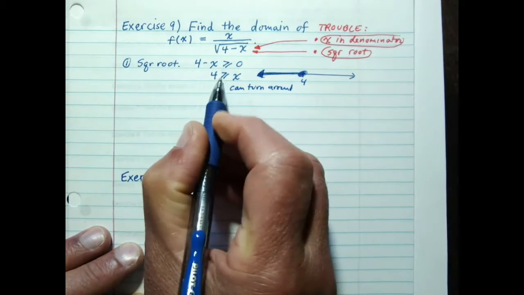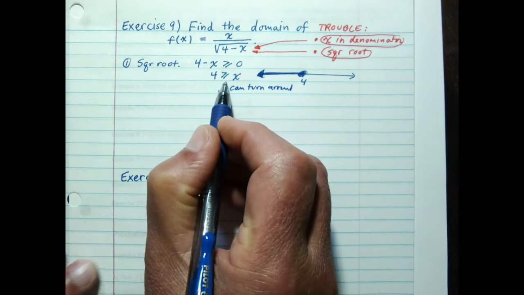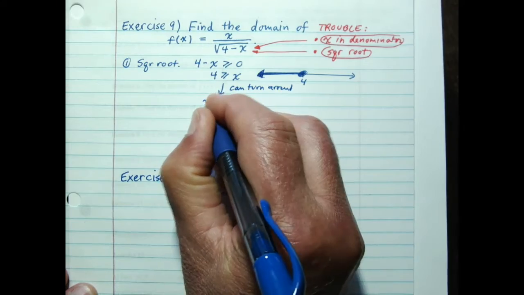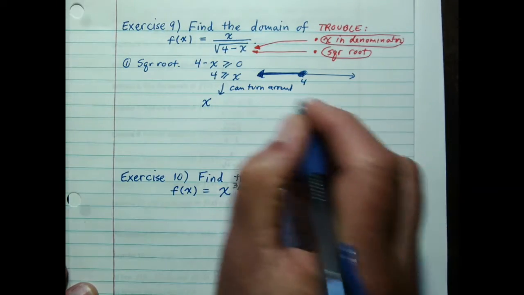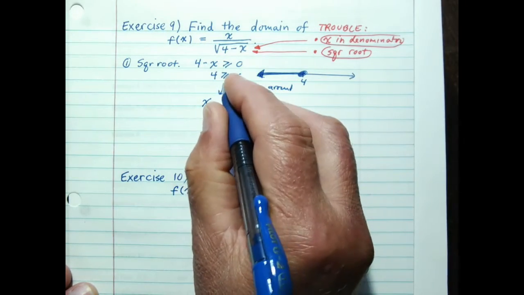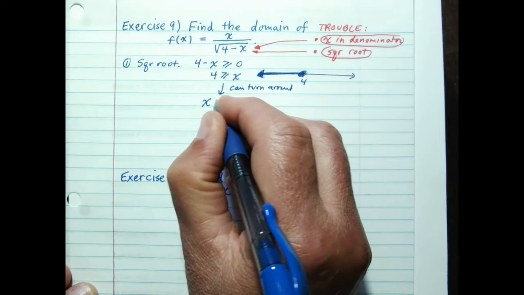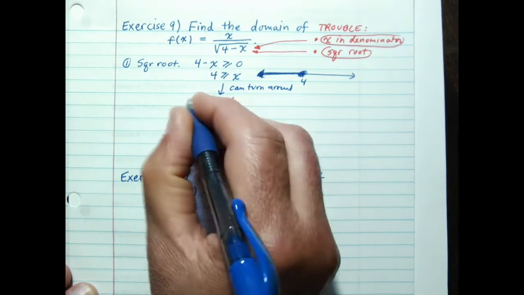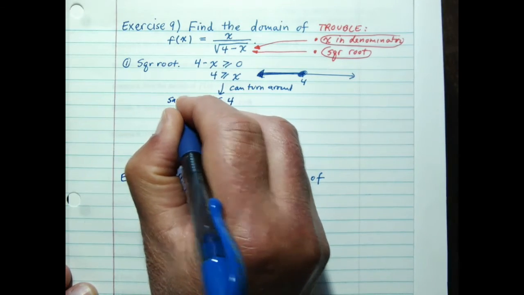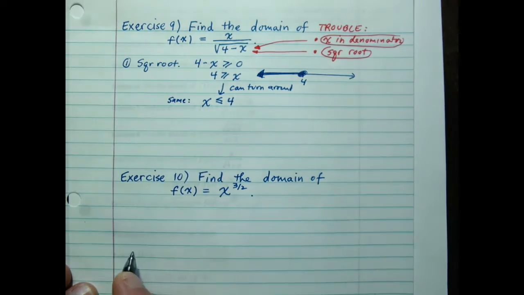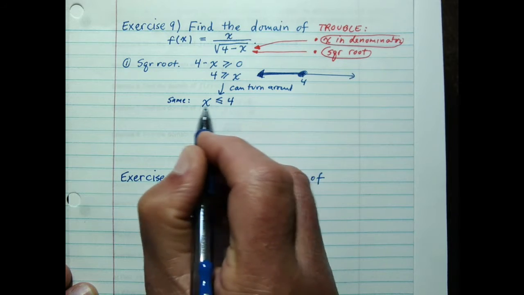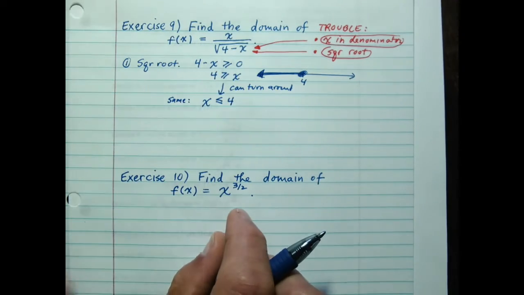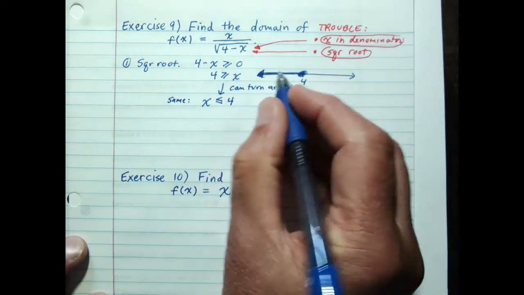If it's helpful for you, an inequality like this can always be written with the variable on the left-hand side. And if you turn the inequality around, the inequality sign turns around also. So that's the same as saying x is less than or equal to 4. Sometimes writing the inequality with the variable on the left makes it a little easier to read. Either way, this is the meaning.